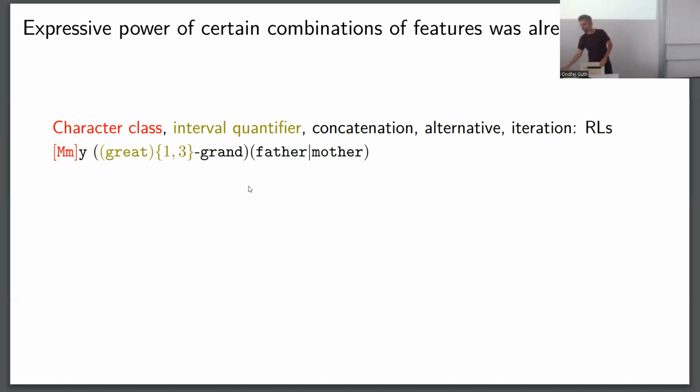Or if we use interval quantifiers, which are basically a restriction of the asterisk, it only says this group can be there once, 2 times, or 3 times, and also concatenation and alternative. Then we still stay in regular languages. So these things are basically just syntax sugar, just to make the expression shorter or more readable.